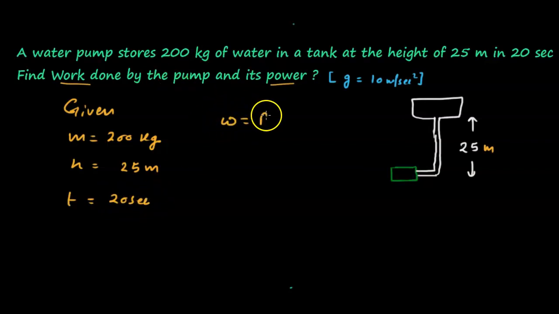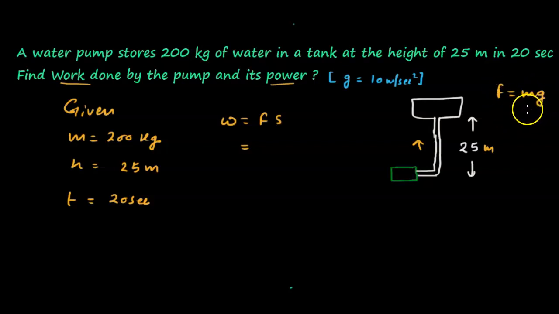First of all, we need to find out the work. Work, we know, is force times displacement. The pump will apply the force upward because it is filling the water, and it is producing the displacement. So we have to find the force. The force will be nothing but the weight of the water that we have to lift.